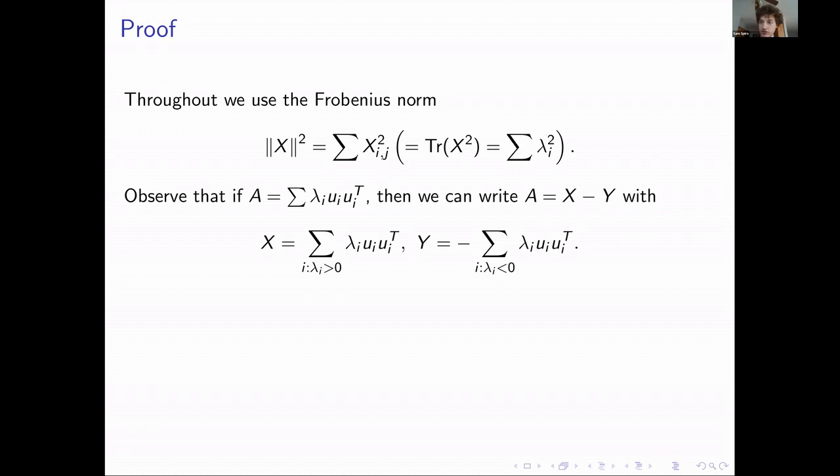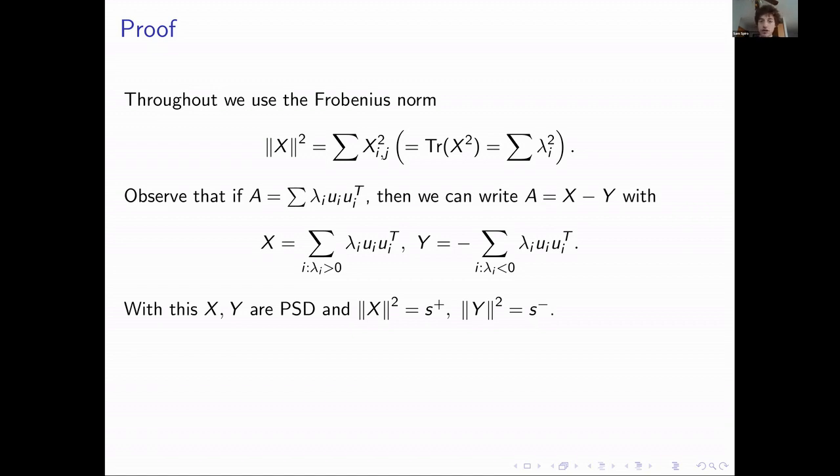And the advantage in doing this is, first of all, X and Y are PSD matrices, which is always nice. And perhaps most importantly, the norm of X squared, which is in this case just the sum of all eigenvalues squared, is exactly the sum of the squares of all positive eigenvalues of A. And similarly for Y, its norm squared is S minus.